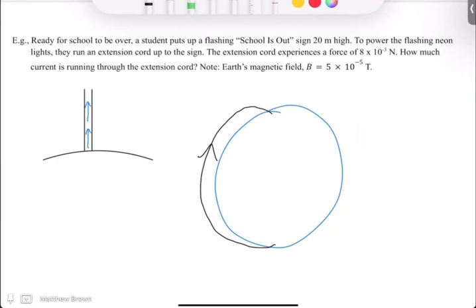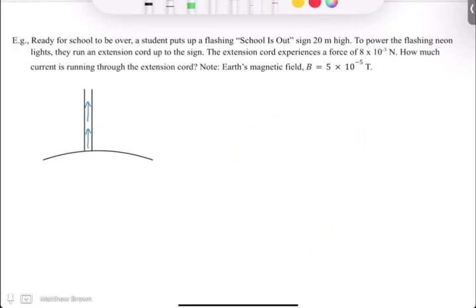So we've got a wire that's straight up and down, in the up direction. And so we'll just say, let north be into the page, just for drawing purposes.